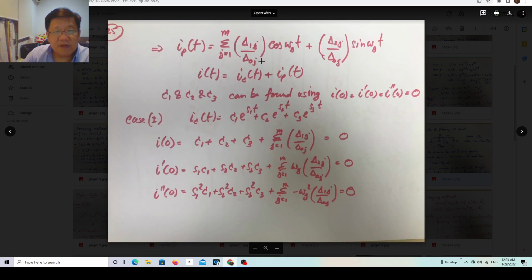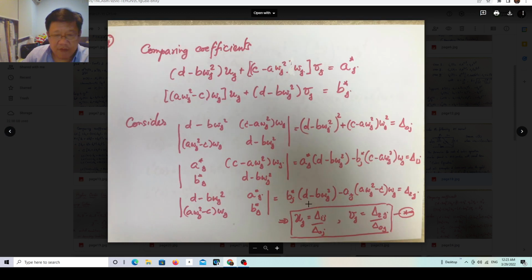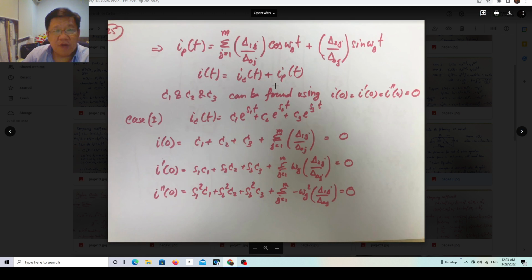Since you know this is u sub j and this is v sub j, you now know the general form for I sub p of t, the particular solution. It doesn't matter what kind of condition the complementary solution has, the particular solution will be in this form.